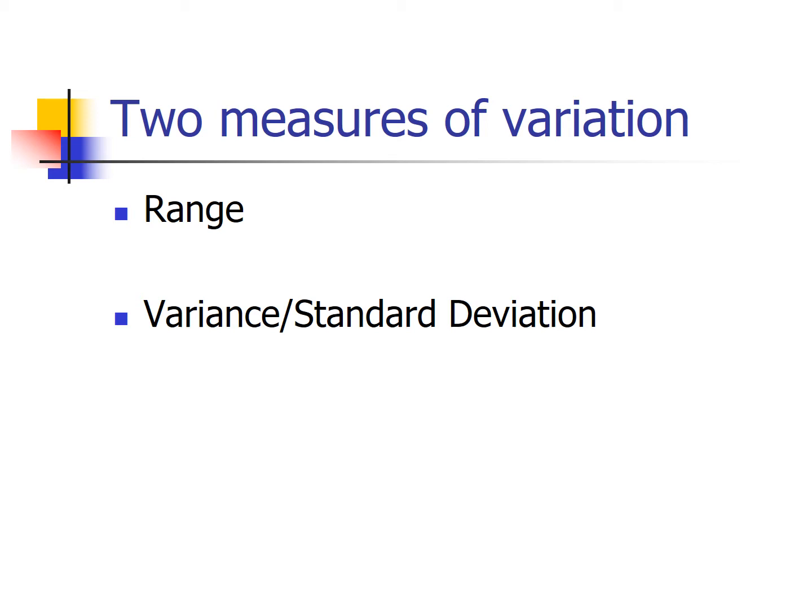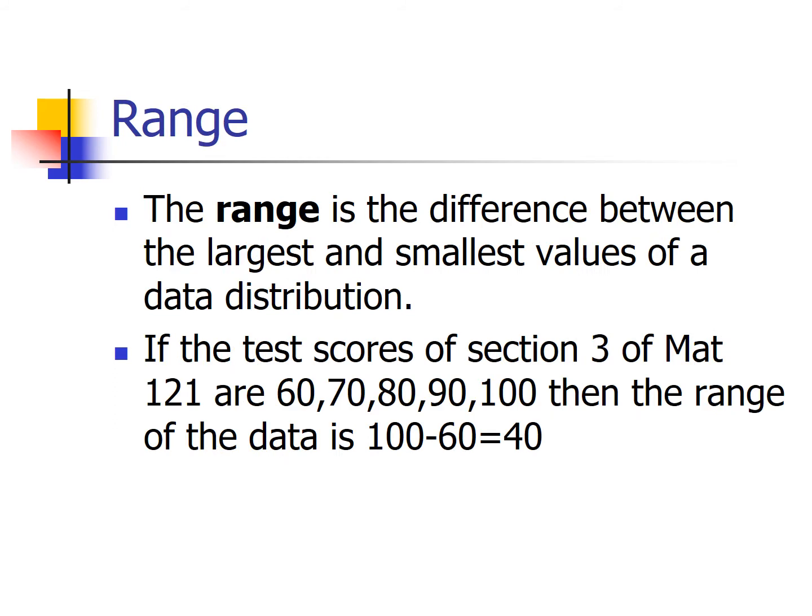Very simple, very intuitive. We'll talk about that starting in the next slide. The second one, which we'll talk about a little later in this video, is the variance and standard deviation. Technically they are 2 different quantities, but as we'll see, they're intimately connected to one another, and as such, we're going to talk about them as a cohesive unit.